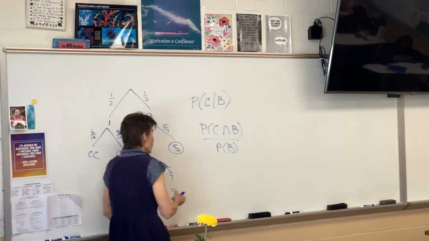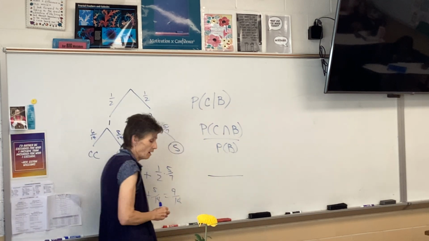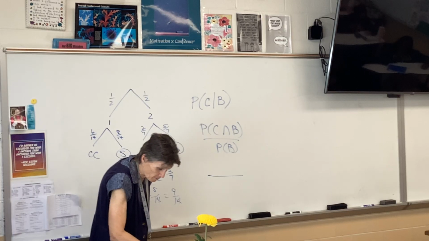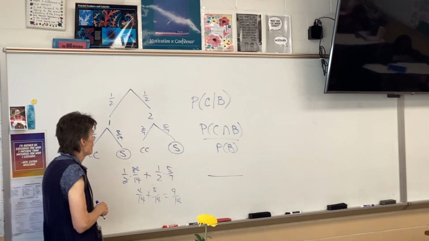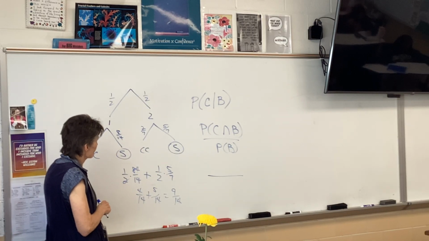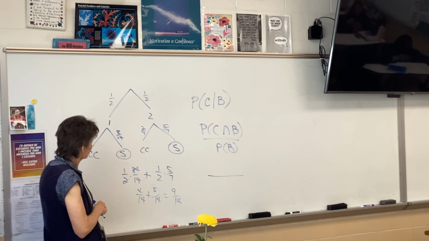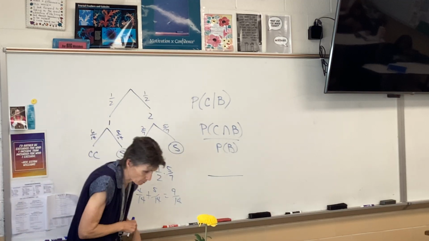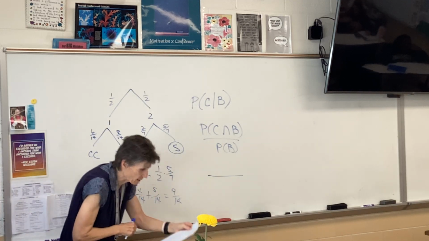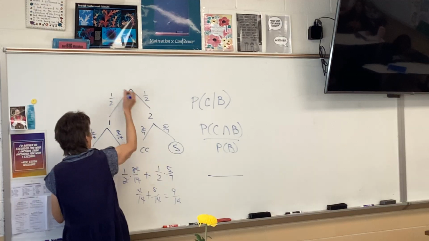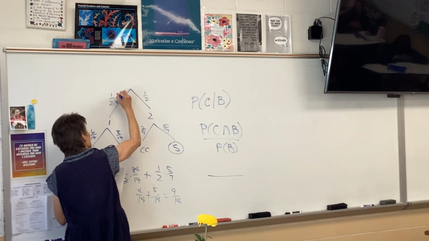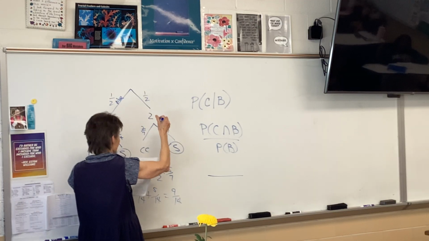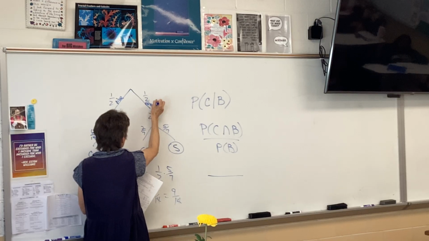What's the total probability of getting a cookie from the blue jar? I numbered them, but they should have been colored. This is the blue one, and this is green.